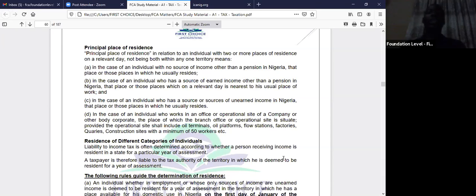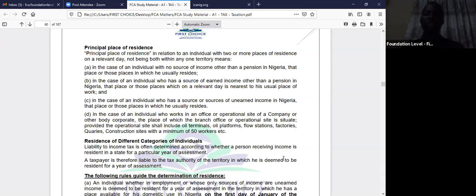Okay? Now, for an individual who has a source of earned income, when we say earned income, it means income that you work hard for. Before you get that income, you must work. Example of that sort of income is employment income, that's your salary, or your business income, maybe a sole proprietor, a partnership business.